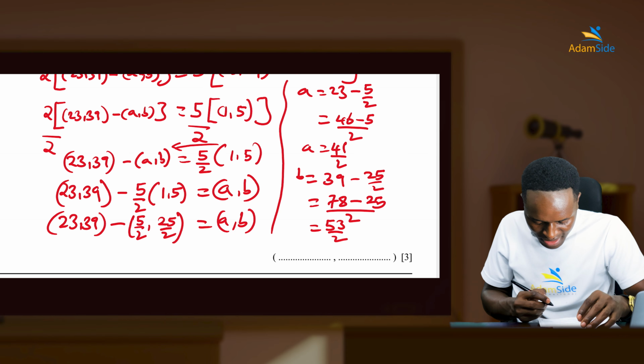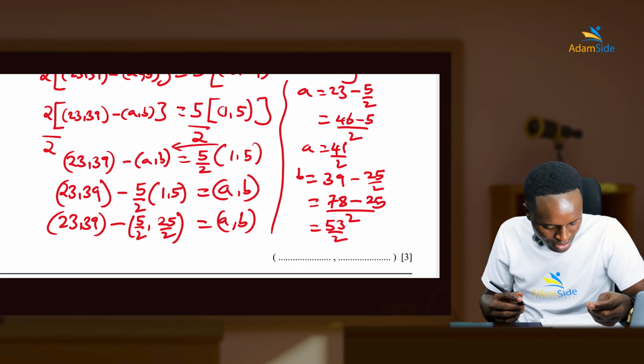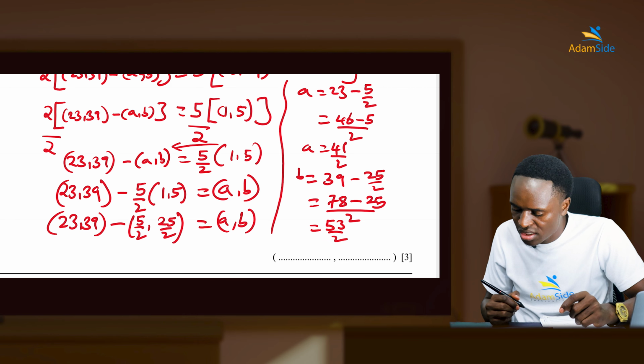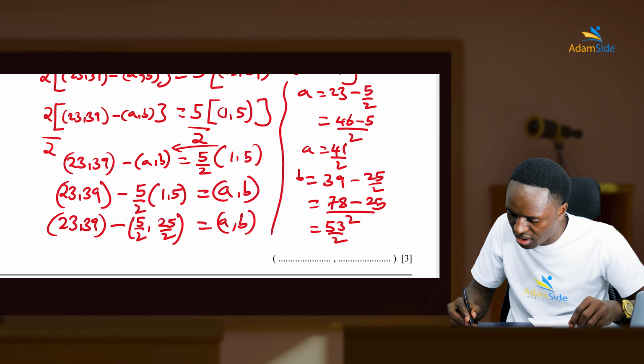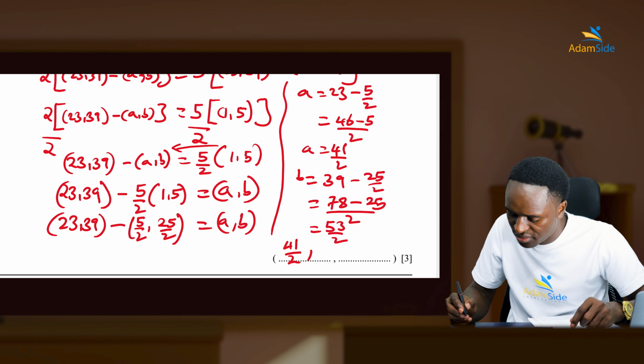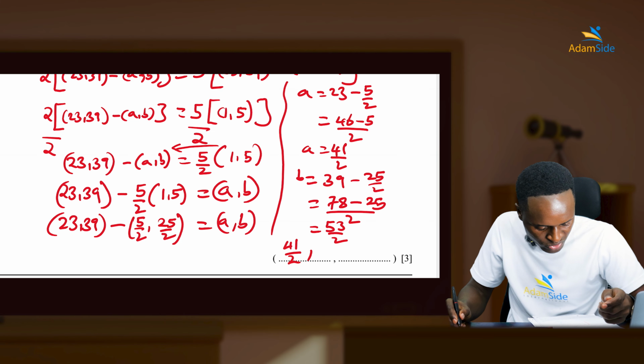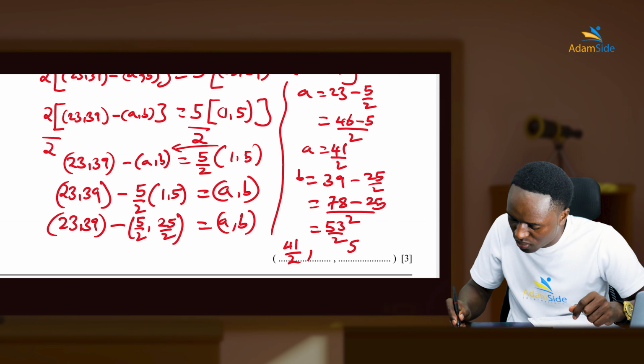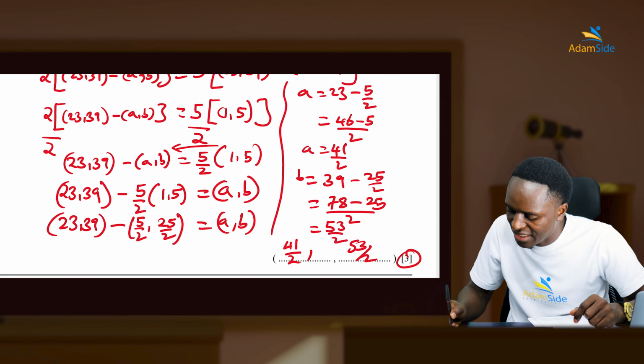Now, our answer for the coordinate of C will be 41 over 2, comma, 53 over 2. You get 3 marks.